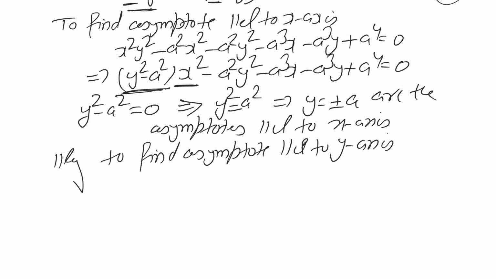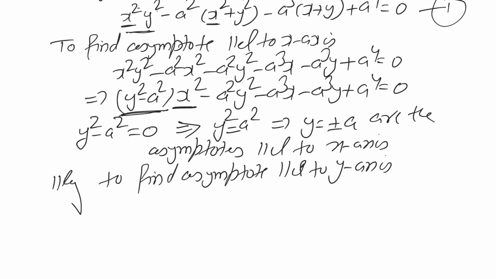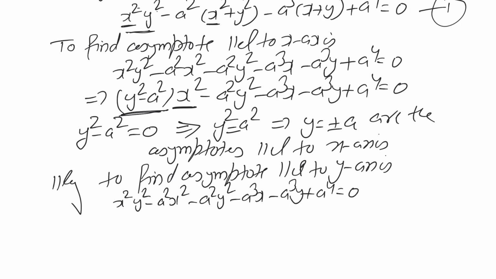now equation 1 can be written as x square y square minus a square x square minus a square y square minus a cube x minus a cube y plus a4 is equal to 0. Now we are interested to find asymptote parallel to y-axis. Therefore, we have to see the highest degree in y. This is the highest degree in y, y square, and this is also the highest degree in y, that is y square. So club these two.